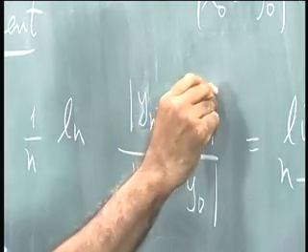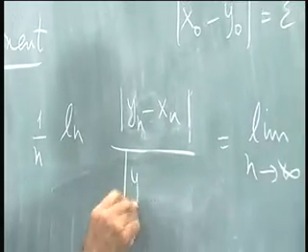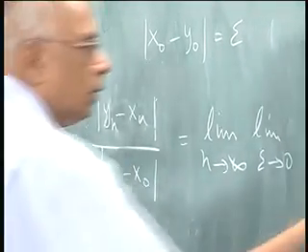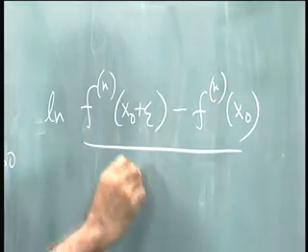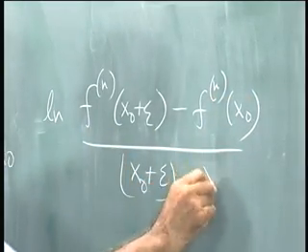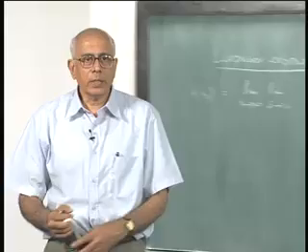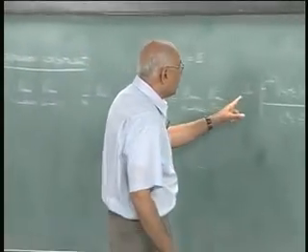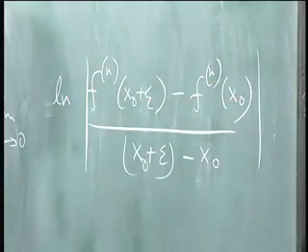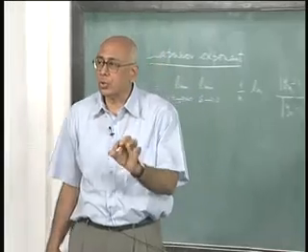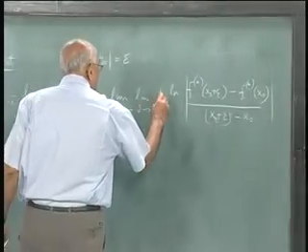Y n minus x n, because I start with y naught, I iterate n times, that is f superscript n of y naught, and similarly for x naught, but y naught is x naught plus epsilon. So it is equal to the log of the nth power of this here. But what is this equal to? And I have to take the limit epsilon goes to 0. There's a 1 over n, very important. There's a 1 over n.